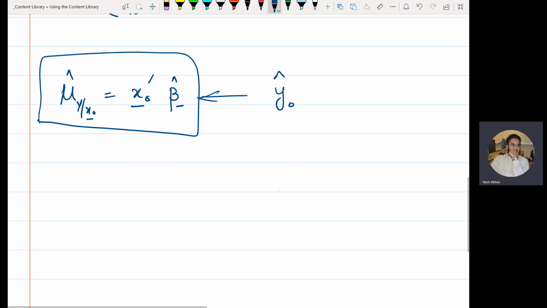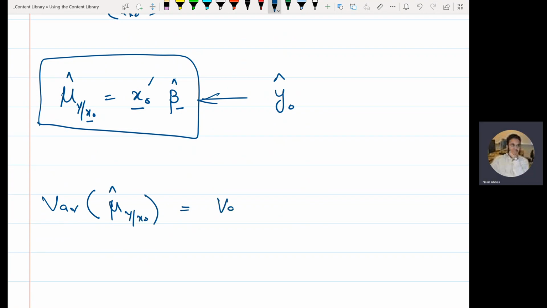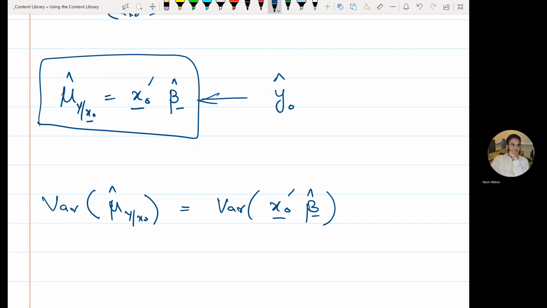To get to the interval estimate, I need the variance of this thing. So let us try to find the variance of this thing, which will be the variance of x naught prime times beta hat. Clear? Now x naught prime, we're assuming the x is to be fixed. It will come out of the variance by taking the square.